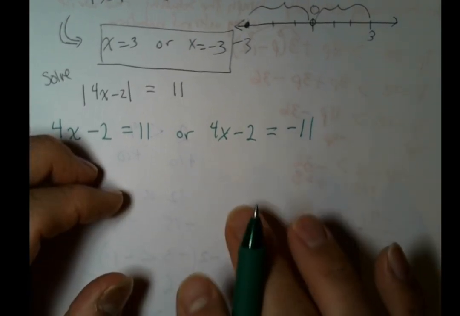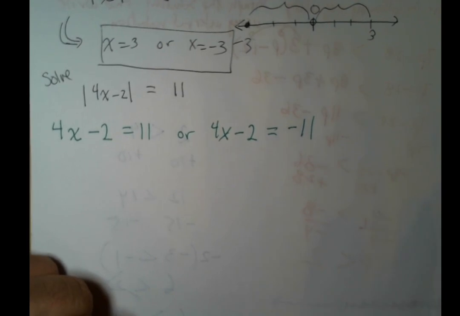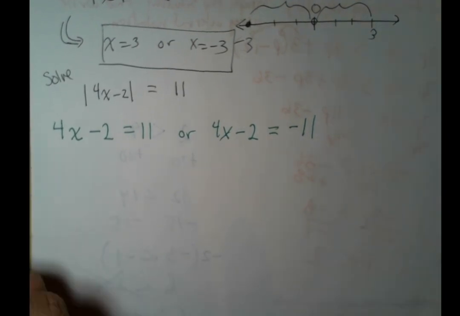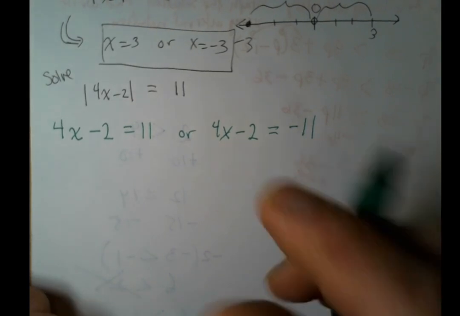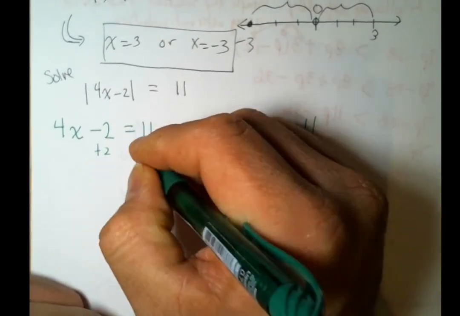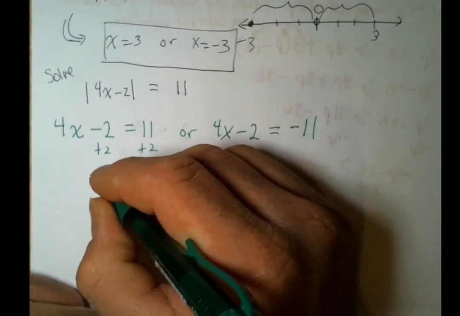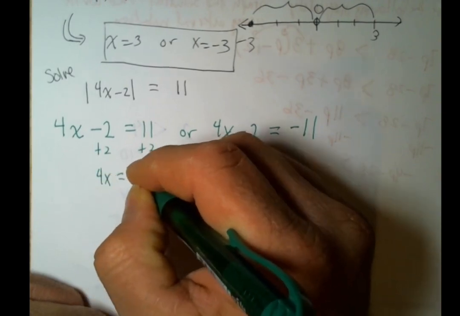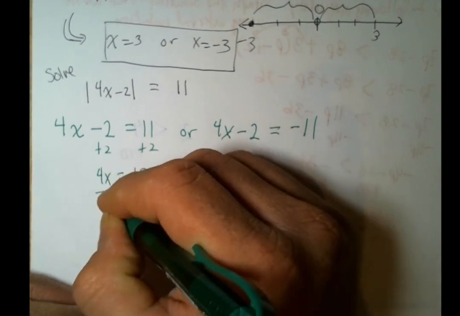Now we can go ahead and solve these. We have just two linear equations. Essentially, most of the time this comes down to solving two linear equations. So here, let's add 2. We get 4x is equal to 12, divide by 4.